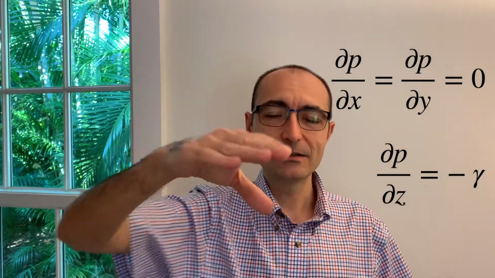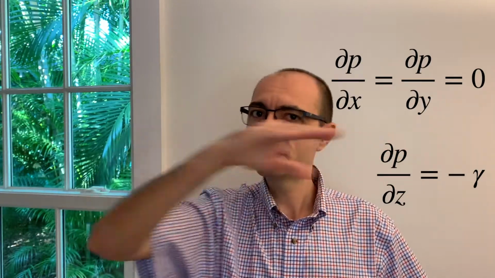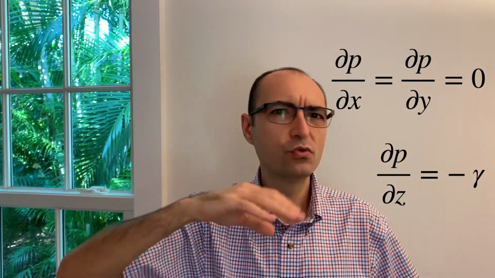In the X and Y direction, the pressure doesn't change. This is not too surprising, we kind of know that already, right? But also we established that del P del Z is minus specific weight, right? So what that means is, Z is pointing up and there's a negative in front of it, so when I go down, the pressure increases, and the pressure decreases when I go up.